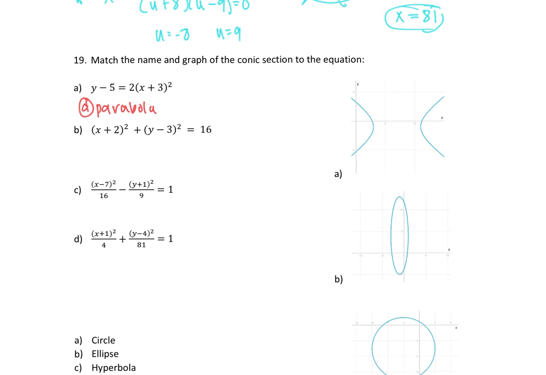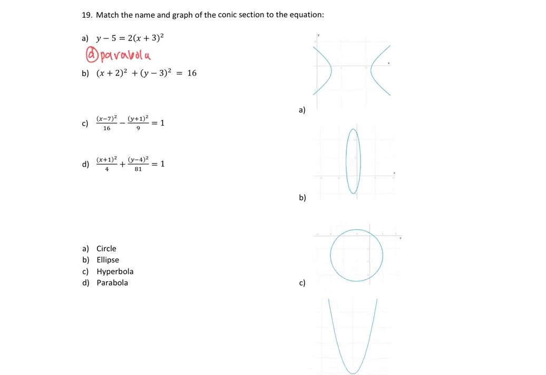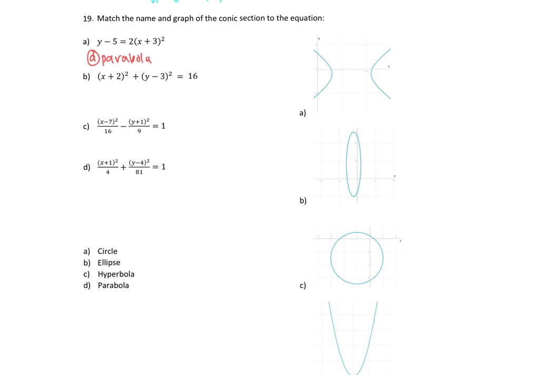And the graph of the parabola would also be D. Okay, so for B, we have (x plus 2) squared plus (y minus 3) squared equals 16. That is a circle. You should know what a circle looks like. The graph is C.